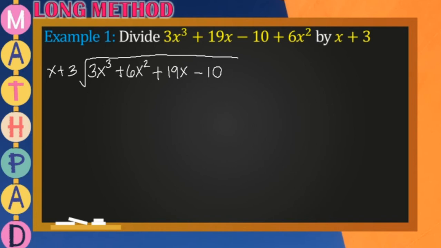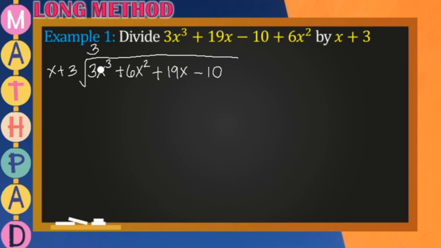Next, we're going to divide the first term of our dividend by the first term of our divisor. So 3x cubed divided by x. Since x has no numerical coefficient, we just copy the 3, because 3 divided by 1 is 3.